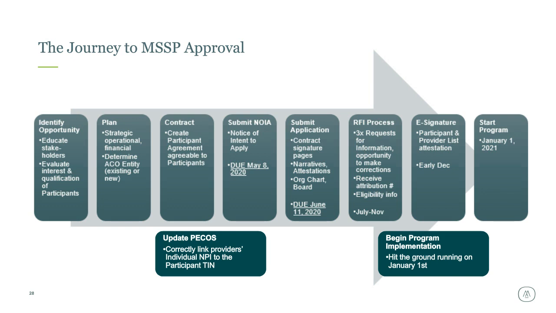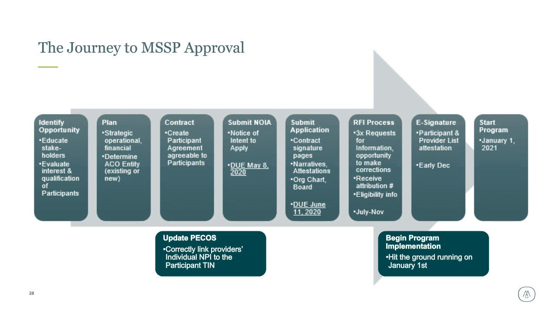And then the application period will essentially be May to June. So the first due date is June 11th. And again, that's really June 10th. And we submit contract signature pages. We put together narratives and attestations saying that your ACO will meet all of the requirements. We submit an organizational chart.